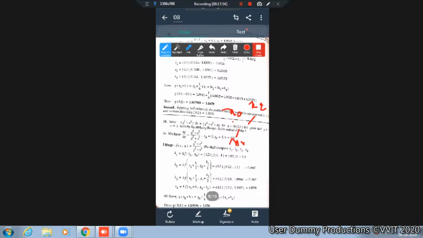Understood? So this is the difference in the notation. Once you know x0, x1 and x2, don't you think you can find h easily? H is equal to x1 minus x0. So whenever they give you this notation, by default, you should solve the given problem in 2 stages. Clear? Everybody, any other doubts?